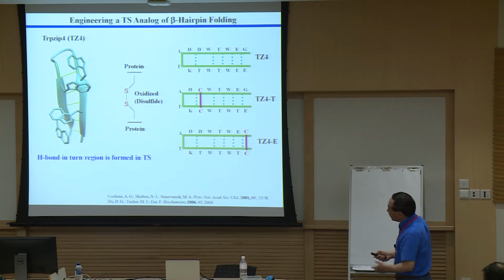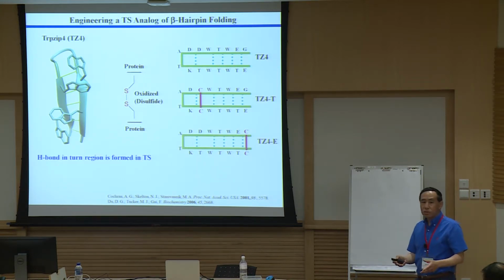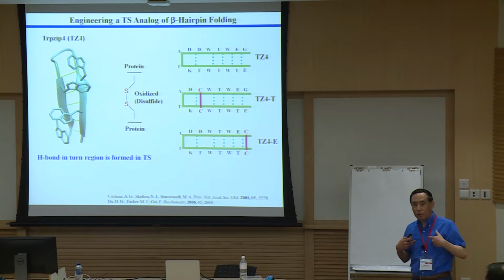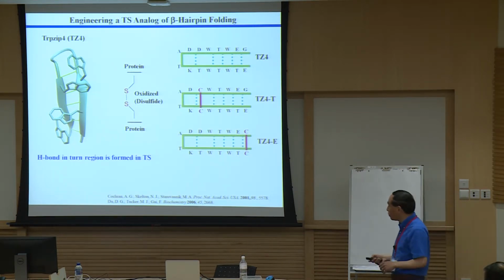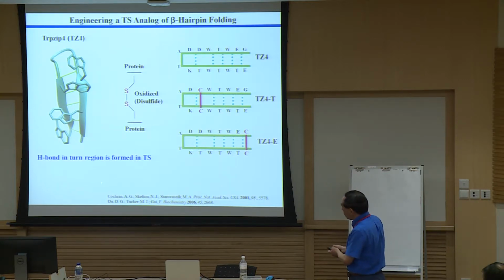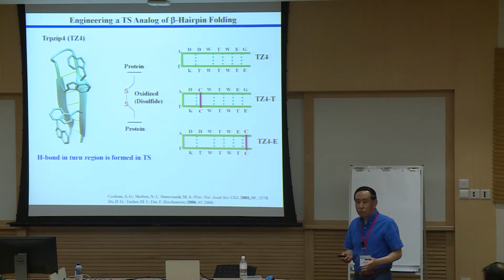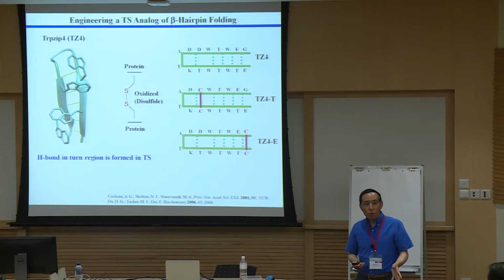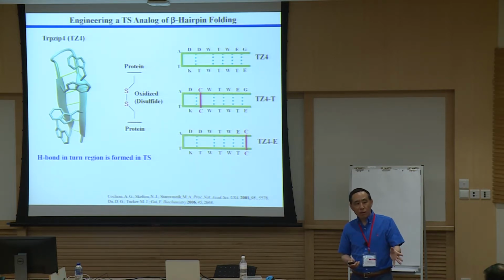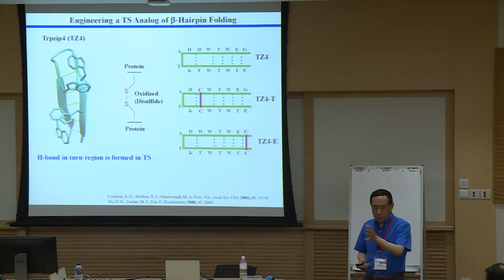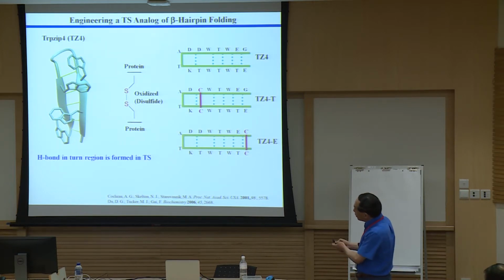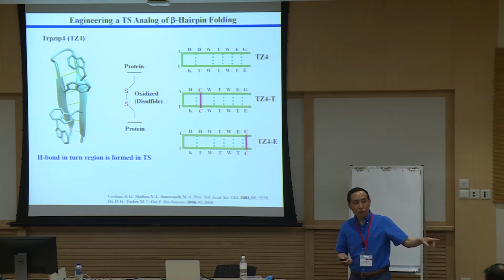So this has become a model system for people like myself who are interested in understanding the dynamics of protein folding. Due to the constraint of time, I will not tell you the whole story, but from our own work, other people's work, and also many simulation groups, the folding mechanism of beta hairpin is that they consolidate the beta turn first, okay?